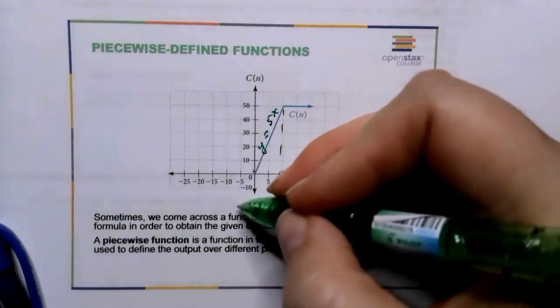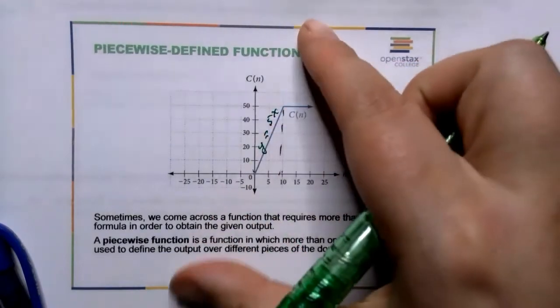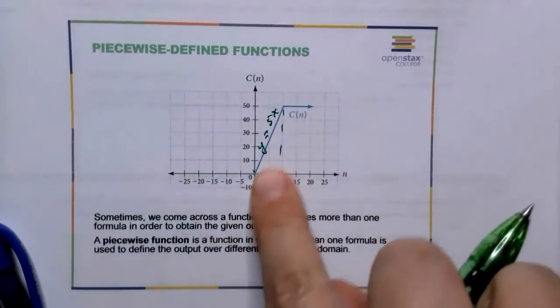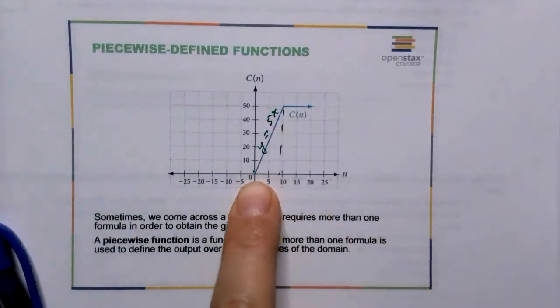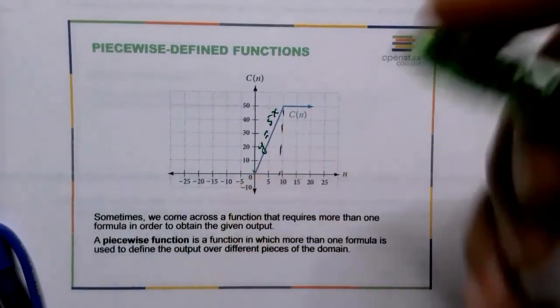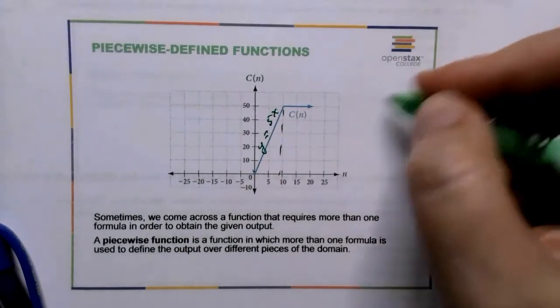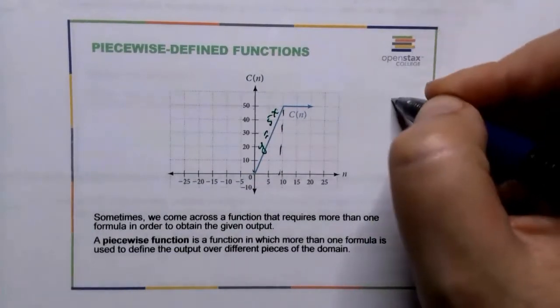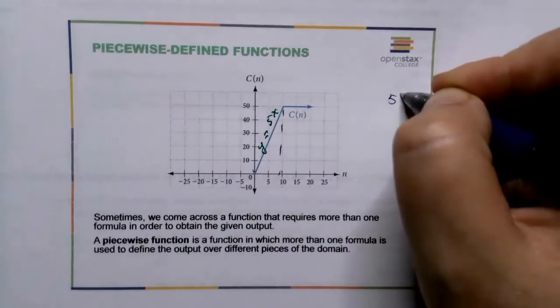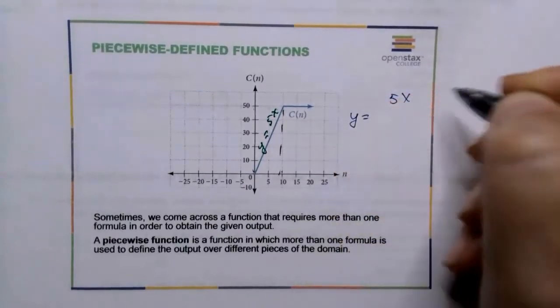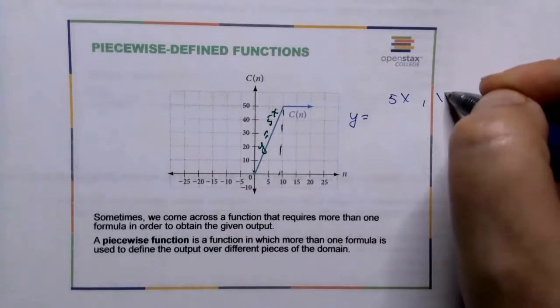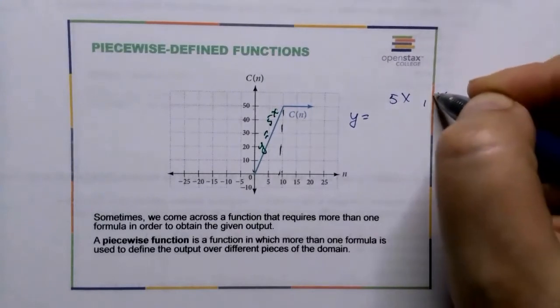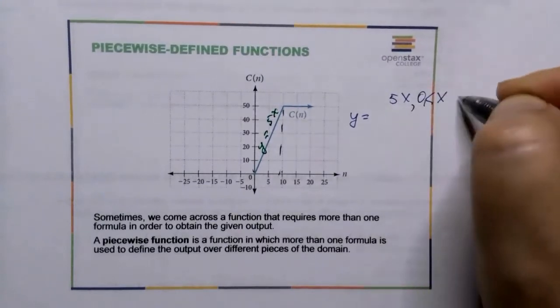But again, it's not the entire line, it's just this piece, for x's from 0 to 10. So here, it's y equals 5x, for x's from 0 to 10.